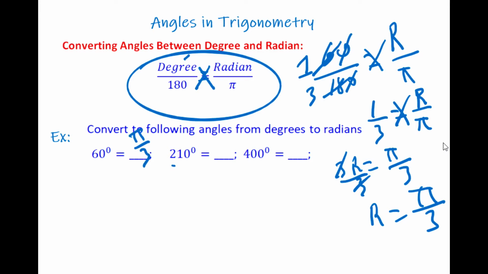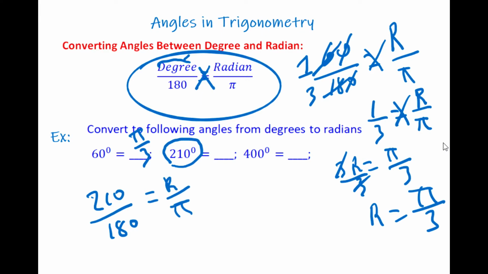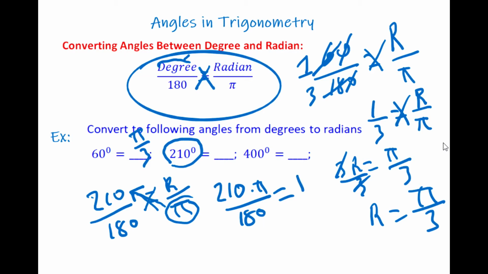Similarly, all we need to do is put this 210 degree here in the formula. So we're going to have 210 divided by 180, and that is r divided by pi, guys. Here I will show you a shortcut, okay? While you are making cross multiplication, what you are doing is bringing this pi to the right over here. So this is the same as 210 times pi divided by 180, and that is r divided by 1, and now the right side is r, which is radian.